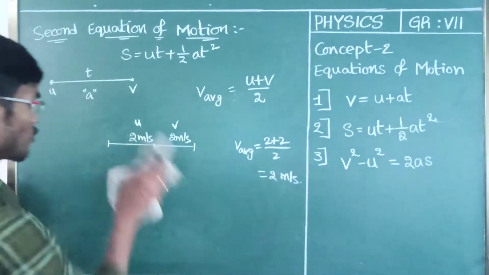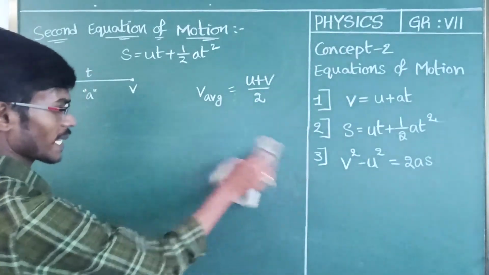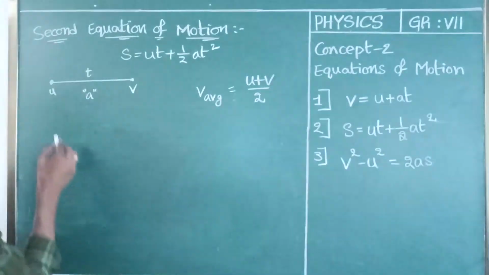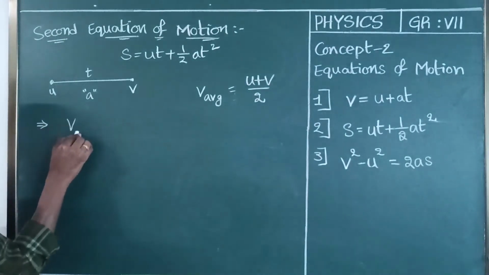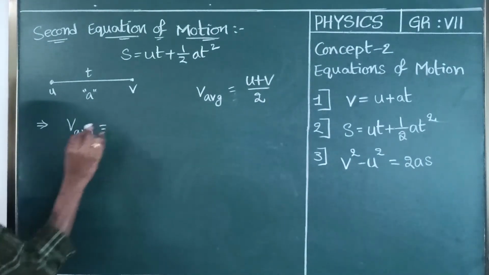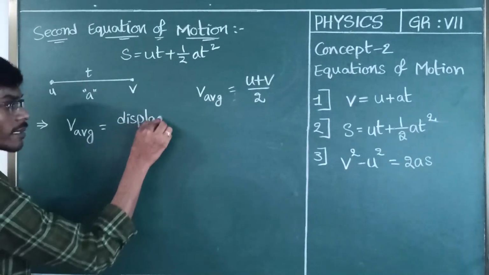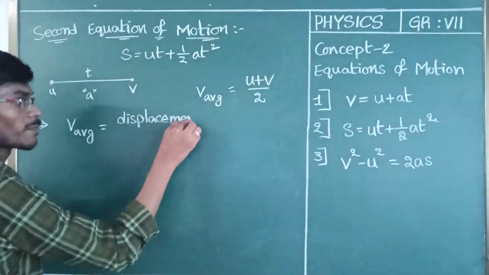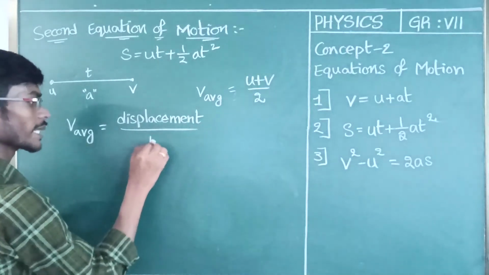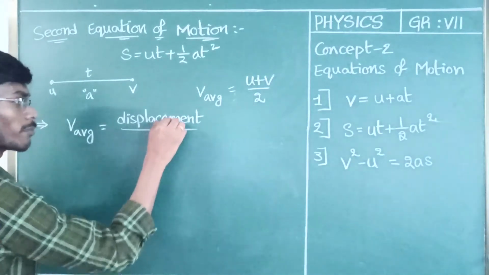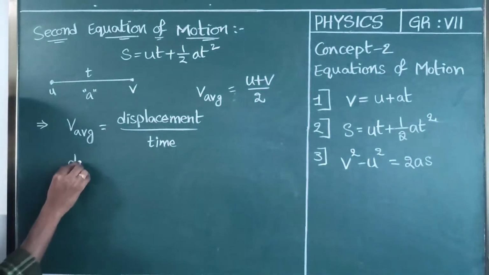But actually, what is the average velocity formula? V average is equal to displacement by time taken. So from this, displacement can be written as what?